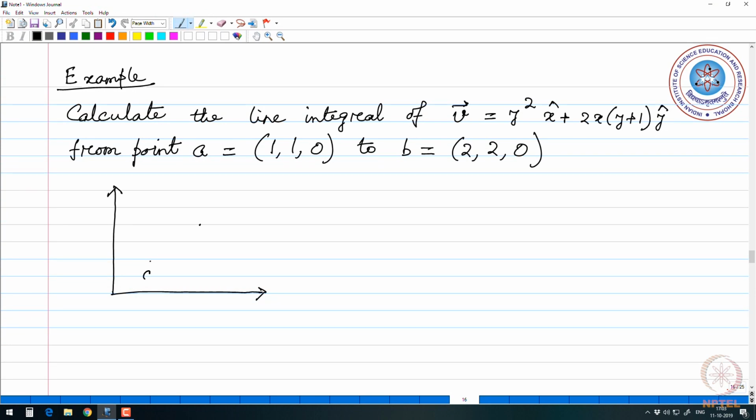So, this is point A, this is point B, and we will consider 2 different paths here. One path will take us this way, the black line. The other path will take us along the blue line. So, let us consider the black line first.